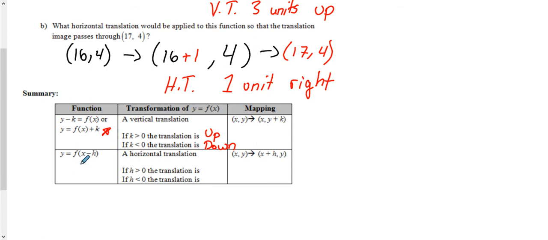On the bottom here, we have y equals f of x minus h, so we're talking about horizontal translations here. So in this equation, if h was greater than 0, so if you had x minus a number bigger than 0, so you're thinking x minus h there, h alone, don't worry about that minus sign, so it's x minus positive 1, x minus positive 2, x minus positive 3.